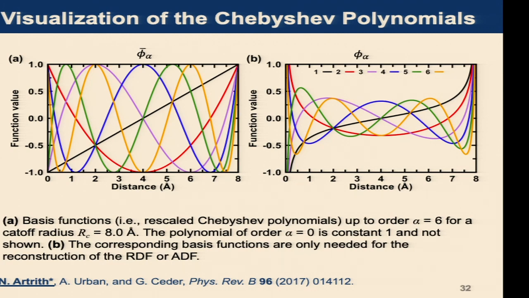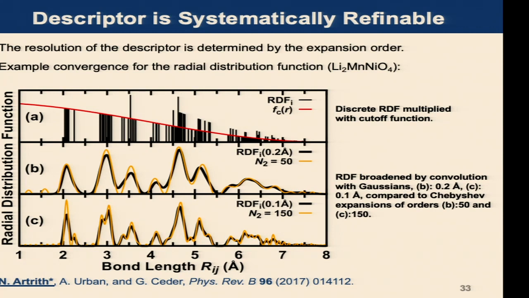In the next slides, I will demonstrate how we use our Chebyshev basis to describe the structures and how it improves. For example, here we just make a case. We use the crystal rock salt structure of lithium manganese oxide, which is just for battery materials. Then we draw the discrete RDF function of this structure, the black plot here.